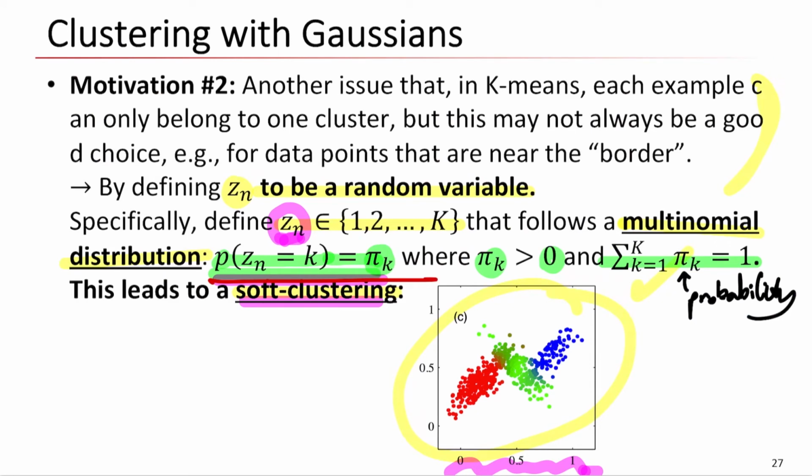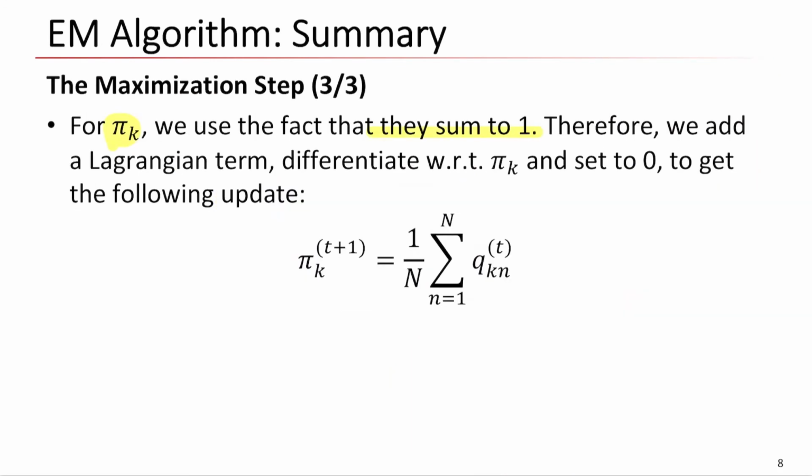This is from our previous lecture, right? So therefore we need to introduce the Lagrange term. Maybe you are not familiar with the Lagrange term, but this is just simple.